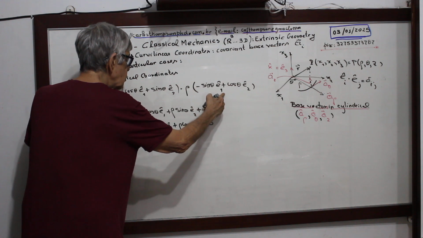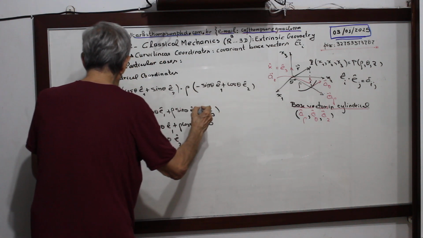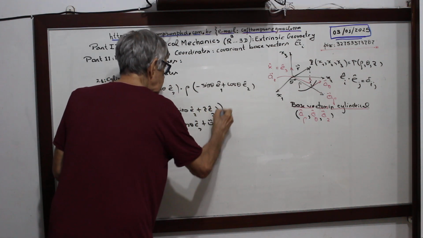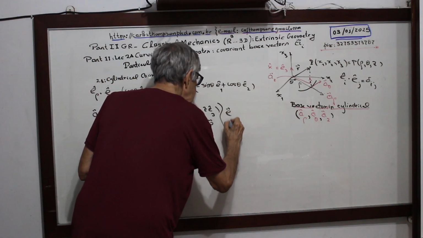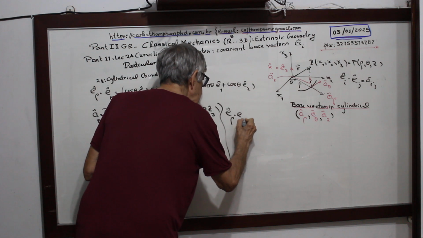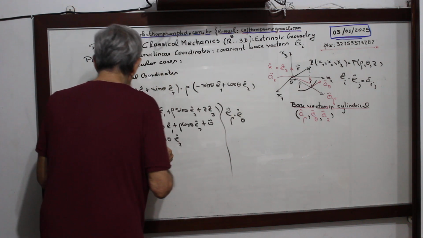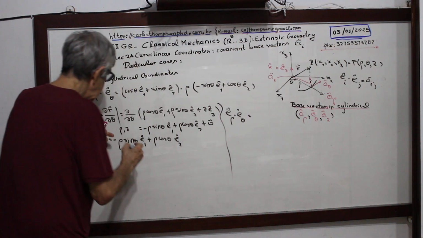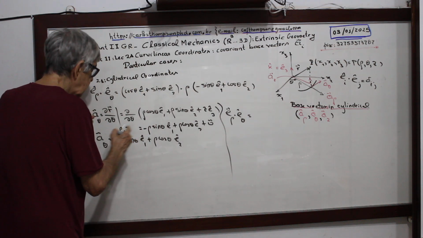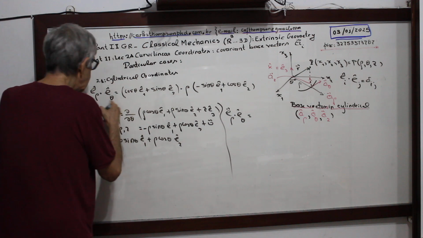U1 dot U1 will be 1. So I can write here a rho dot E theta. This is equal, in this case, to a rho.